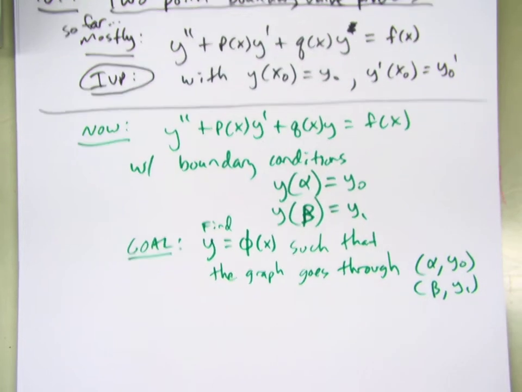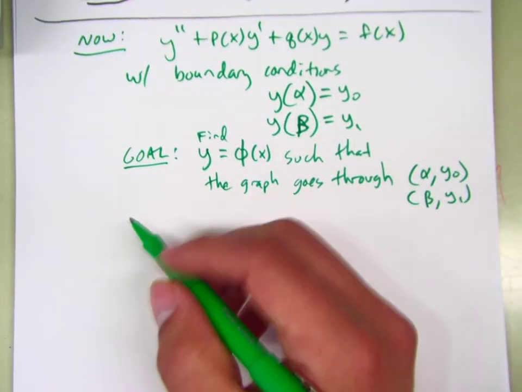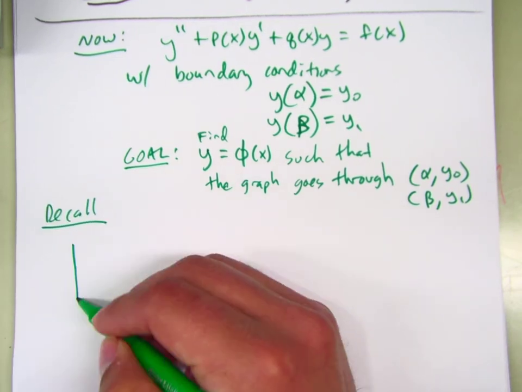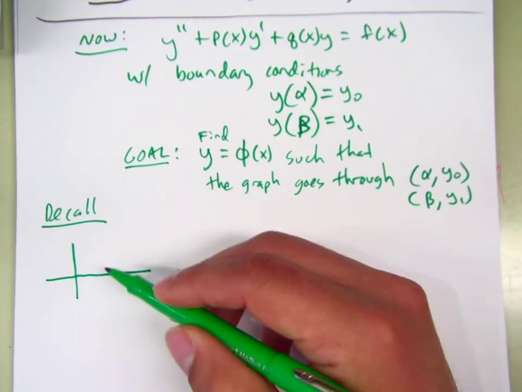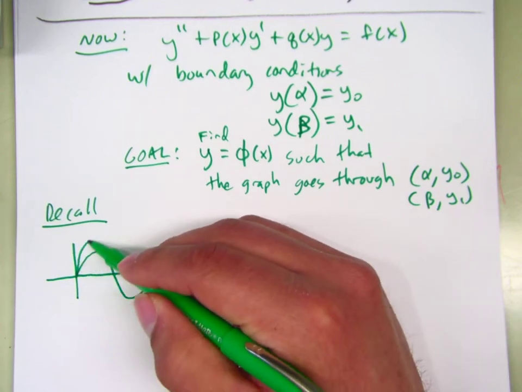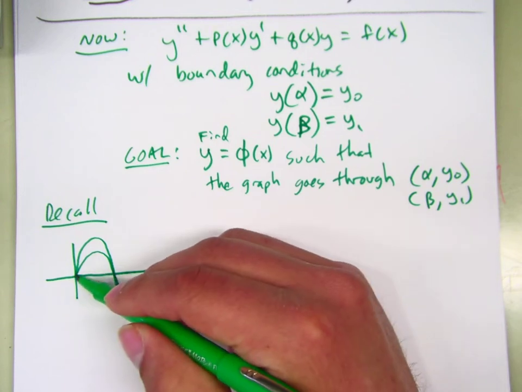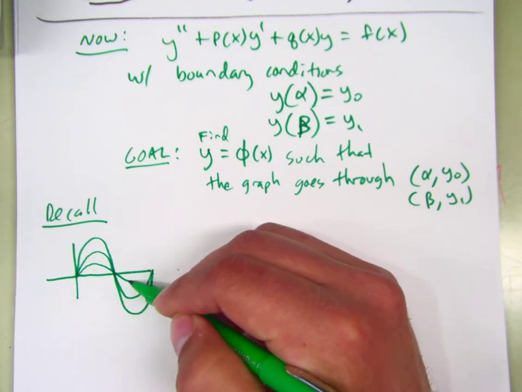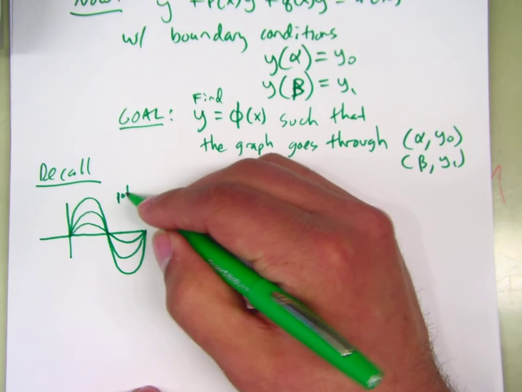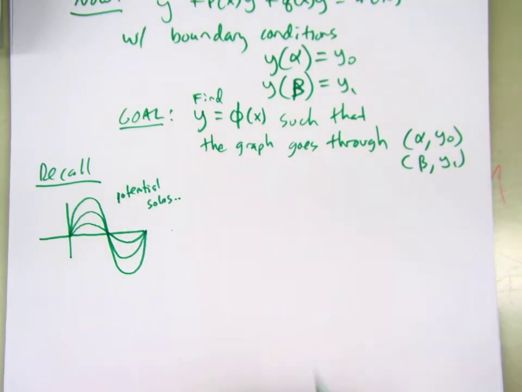Okay? And so what we looked at before, I don't know if you guys remember, but a few units back, we did a problem like this, where we had a sine graph. And these were all potential solutions.